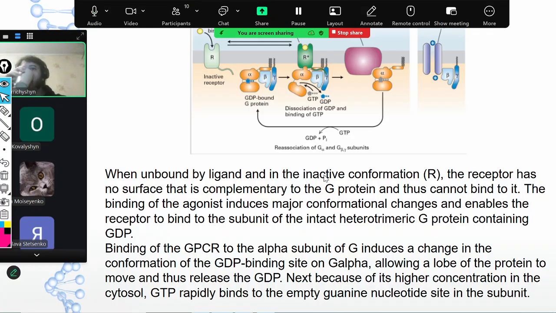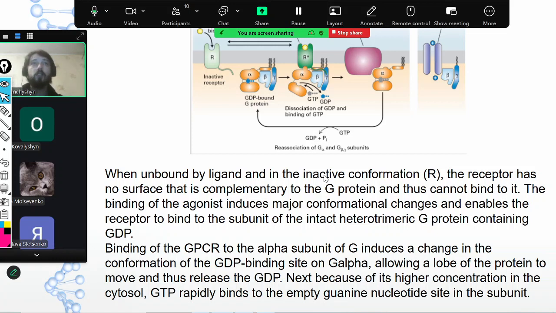On the G alpha subunit, there is a binding site for GDP. When the receptor binds to the G protein, this GDP is released, and subsequently it can be replaced with GTP, guanine triphosphate, that rapidly binds into that empty pocket, because we have a much higher concentration of GTP inside of the cell compared to GDP.